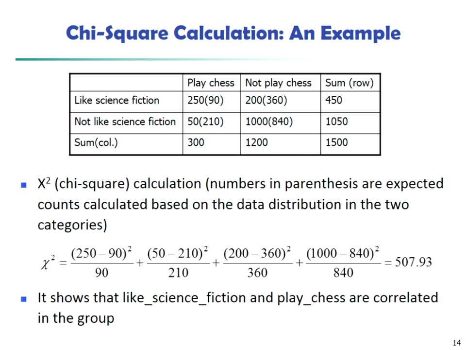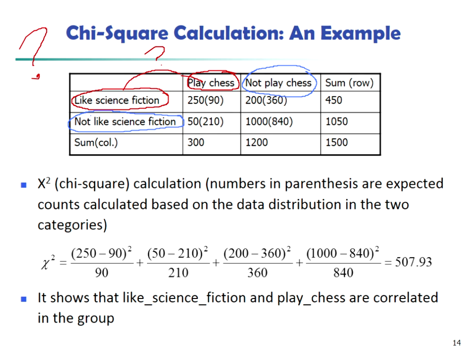In this example, our task is to search whether liking science fiction is correlated or not to playing chess. This is the question. We have two variables, like science fiction and play chess, and we will also calculate not like science fiction and not play chess.